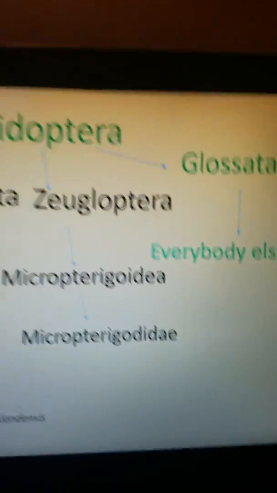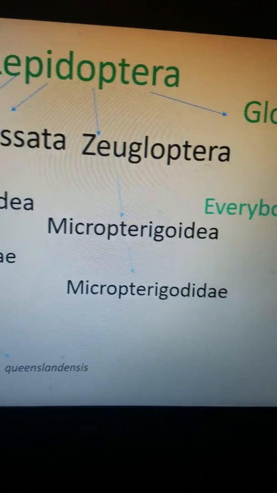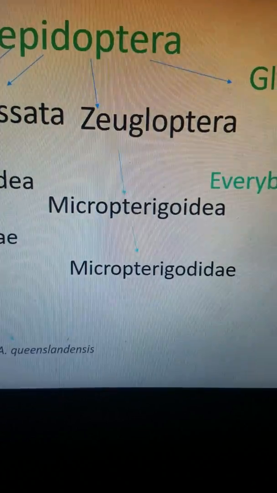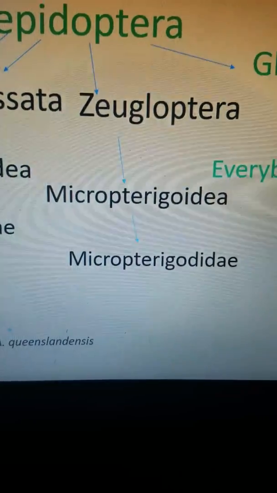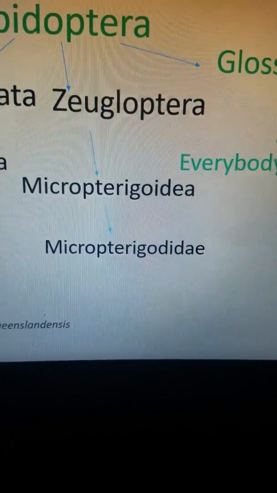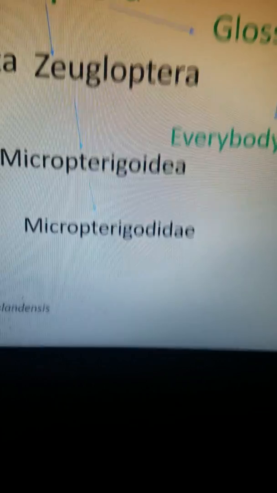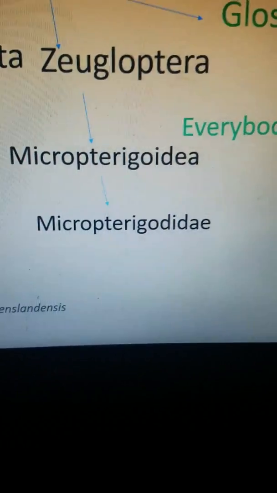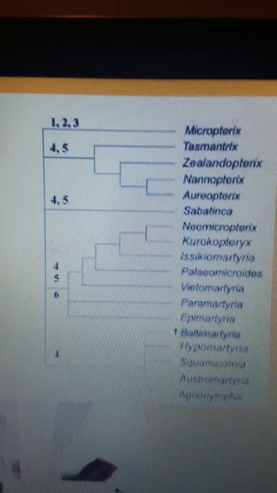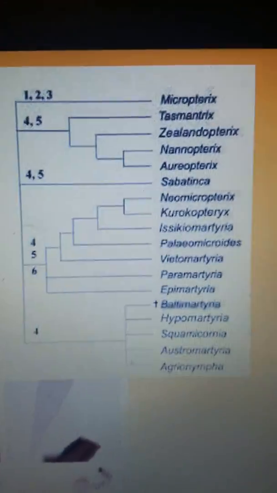Now, as far as the Zeugloptera go, you have a single superfamily, the Micropterigoidea, which has just one family, the Micropterigidae, which itself has just about 20 genera and maybe 100 species. This is the accepted lineage of that group.